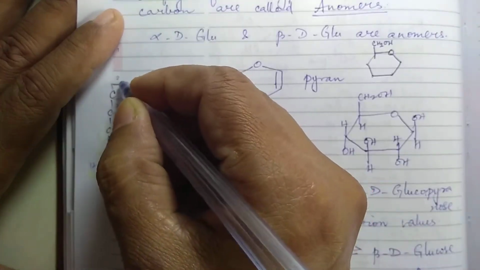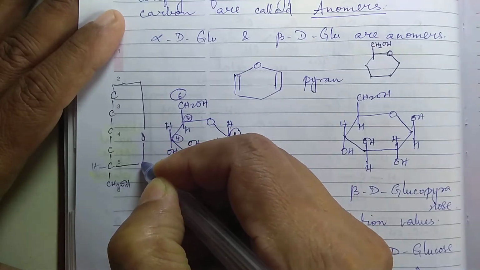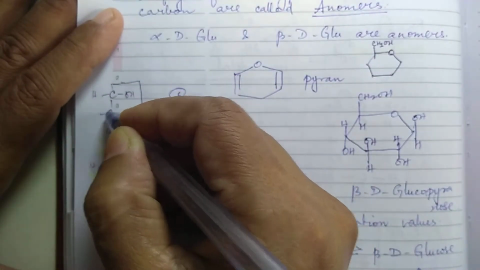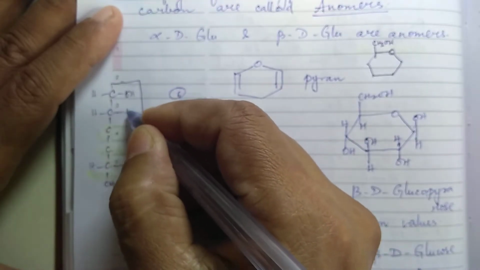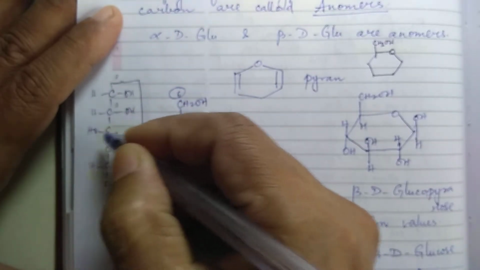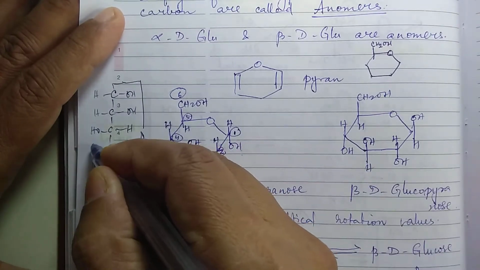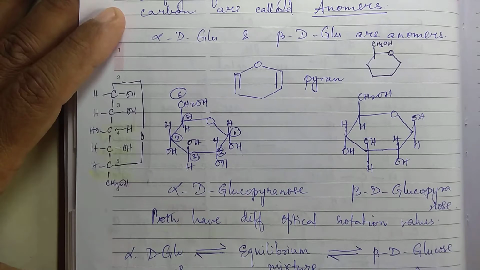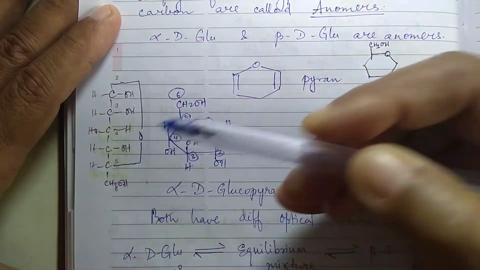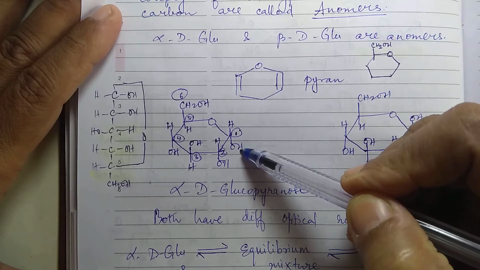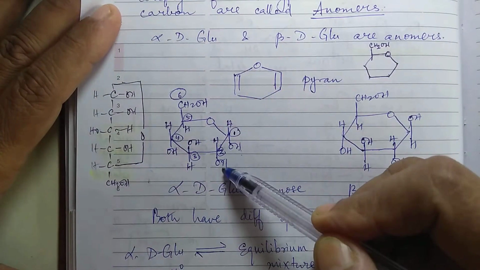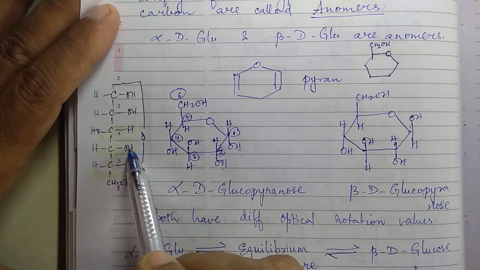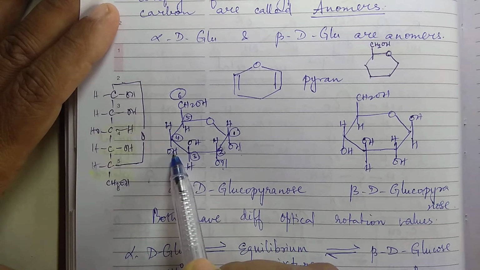Then this was connected through oxygen, right? Then you have H OH, then again H OH, then third from the top, the hydrogen and OH are interchanged. Always remember that. So whatever is there on the right hand side is put below the plane. This OH, then this OH, and this OH is on the left side, so it comes above. Again here it is on the right hand side, so it is below the plane.